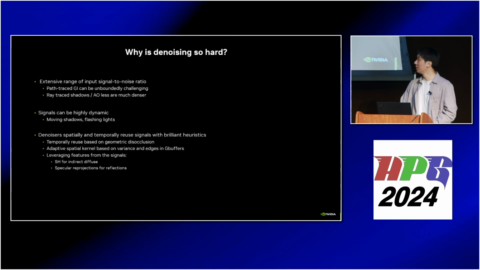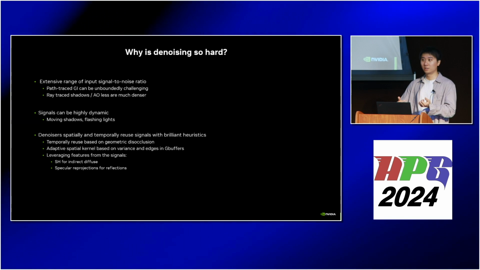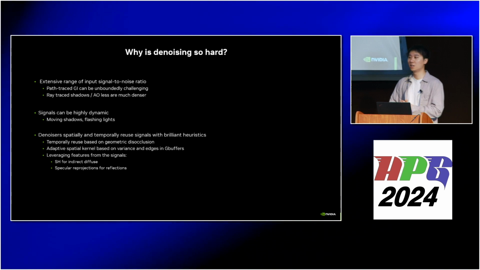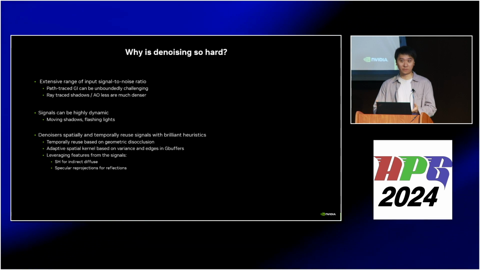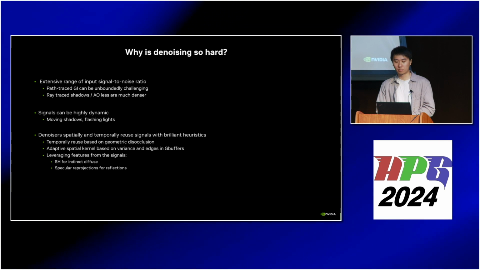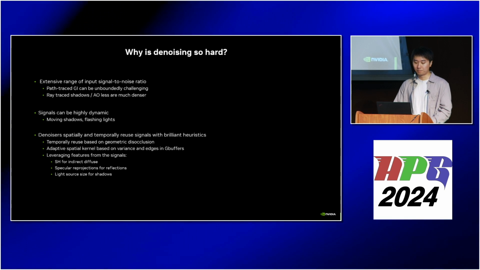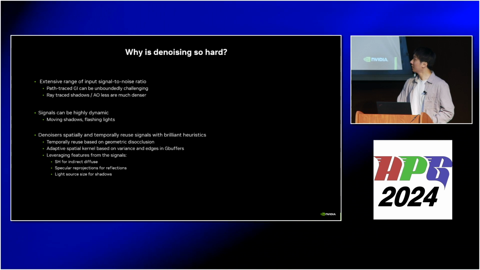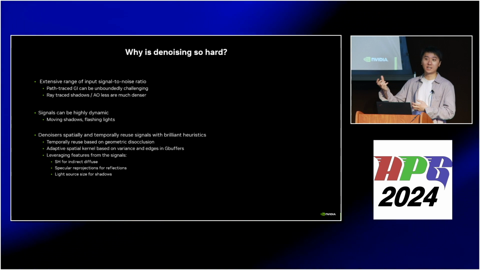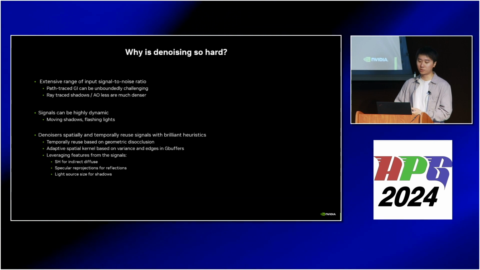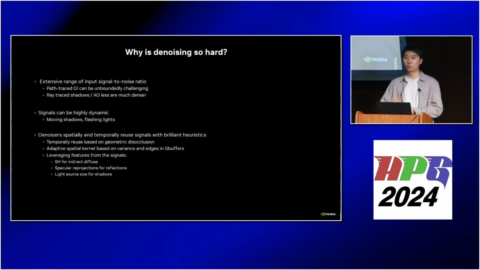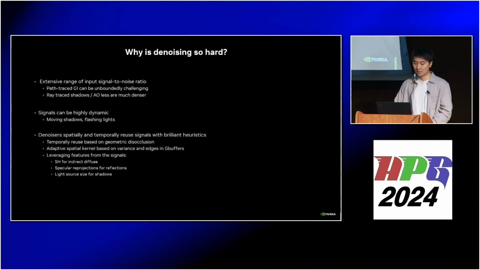For specular reprojection, the motion vectors can be specifically calculated for reflections, as those move differently from the primary surfaces. And light source sizes and distances also make sense to use when your denoiser is for shadows.